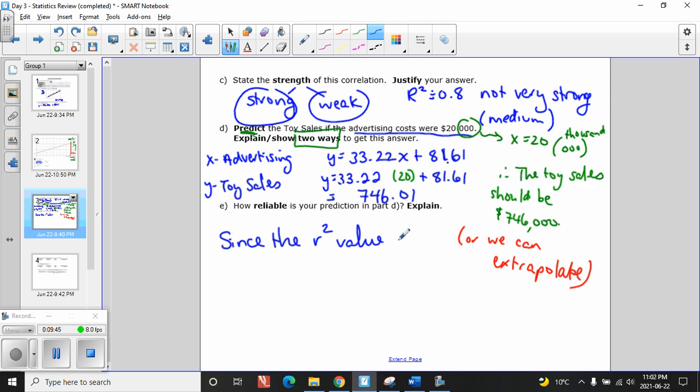And since the R-squared value is 0.8-ish, and the correlation is not very strong.